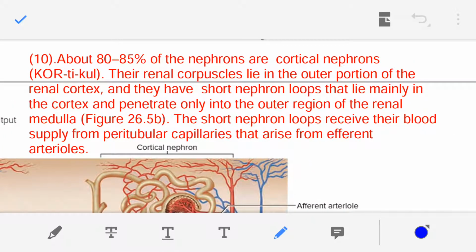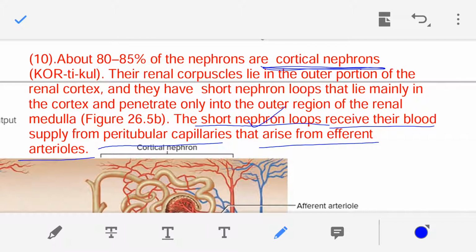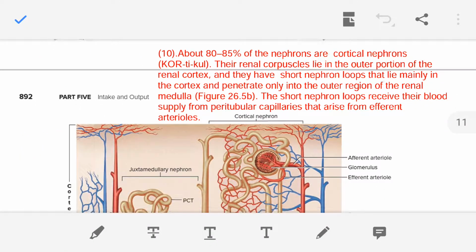Now the short nephron loops receive their blood supply from peritubular capillaries that arise from the afferent arteriole. So here we remember that the nephron loop of the cortical nephron receives blood from peritubular capillaries, and these capillaries arise from the afferent arteriole.